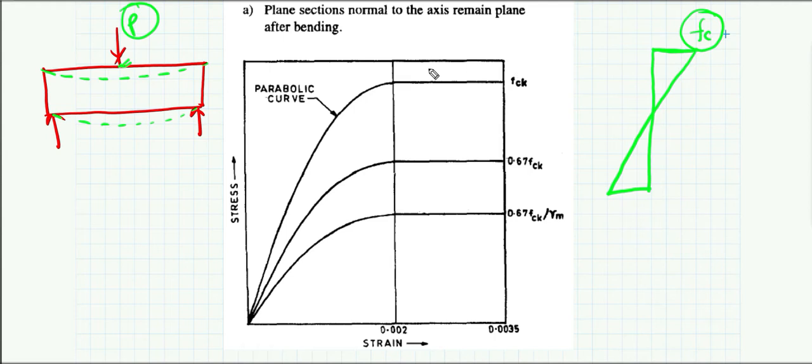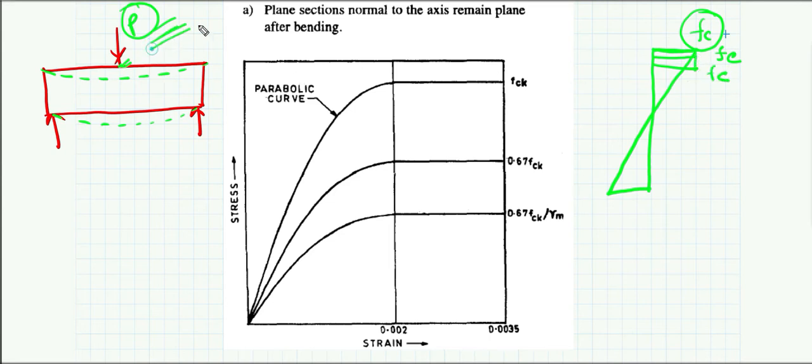Now as you go on increasing again, what will happen? As this is the yield strength, the stress will not go beyond this. So the fiber next to the top fiber will start to yield, that means it will now have the compressive stress of FC. Again you increase the load P, the fiber below it will come to the value of FC.